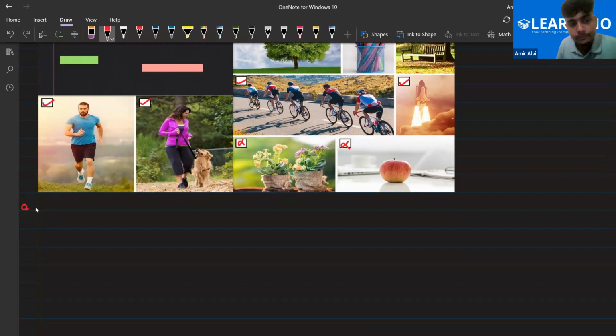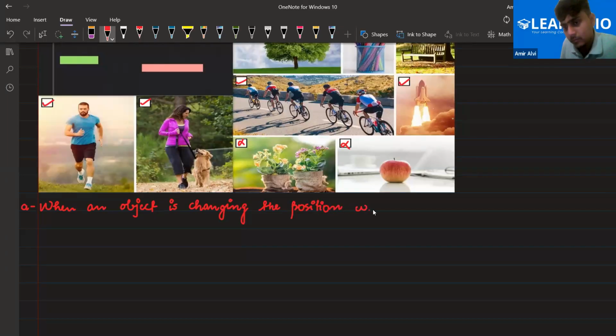Okay. So the first thing would be the object, with respect to time, you can say. That means if the object is changing, that means the body is moving.